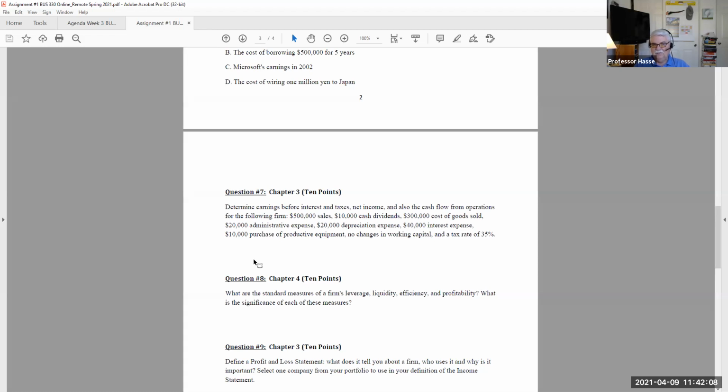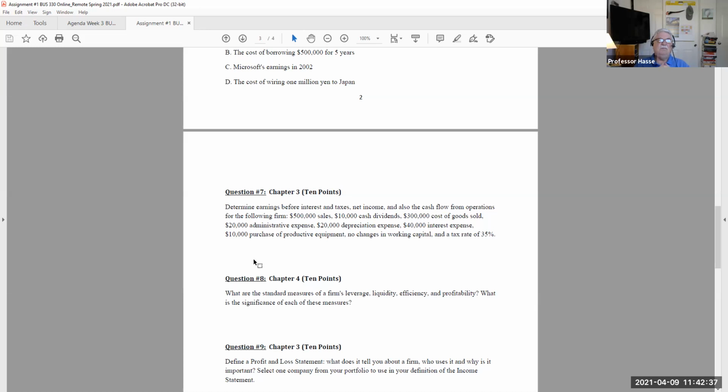$500,000 of sales, $10,000 in cash dividends, $300,000 of cost of goods sold, $20,000 in administrative expenses, $20,000 in depreciation expense, $40,000 in interest expense, $10,000 purchase of productive equipment, no changes in working capital, and a tax rate of 35%.